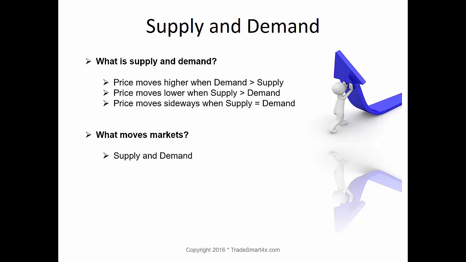Does it really matter? We're trading what is happening. We don't really need to know why, even though you could combine fundamental and technical analysis together and try and understand what causes those imbalances between supply and demand. But as a trader, you can just focus on what the market is doing as opposed to why.